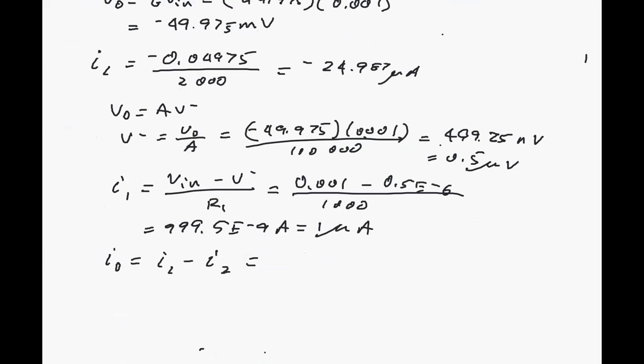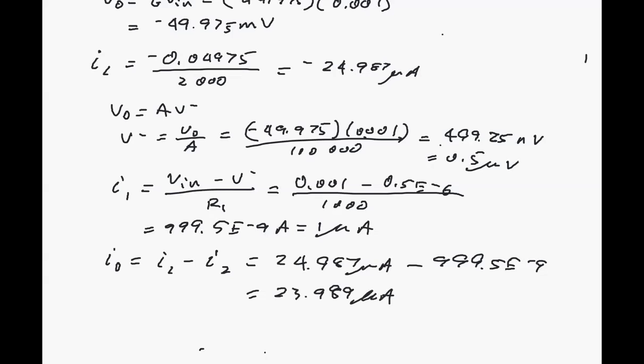So that'd be 24.987 microamps minus 999.5 e to the minus 9 amps, which is equal to 23.989 microamps, which would be very close to the ideal value.